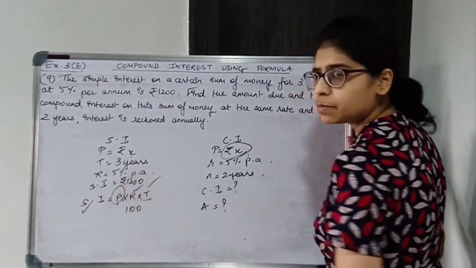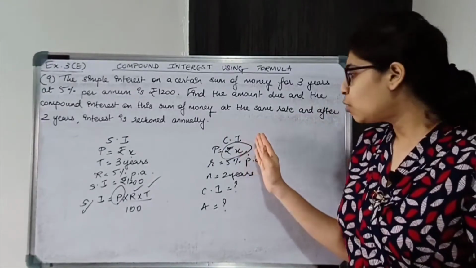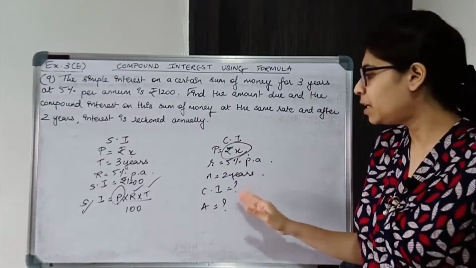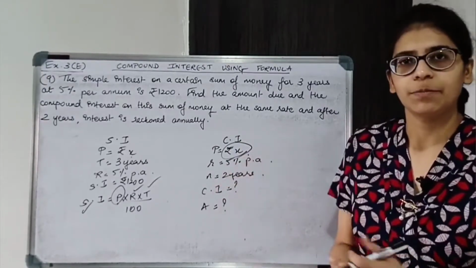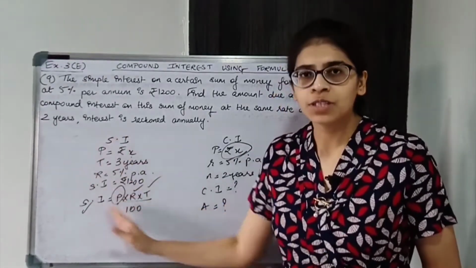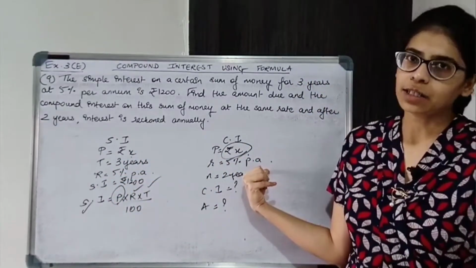Once you get the principal, you just need to substitute that value over here. In this case, we know P, R and N, we can easily find amount and CI. Okay, amount will be P into 1 plus R upon 100 raised to N, and CI will be A minus P. Okay, so it's very easy. First we'll find the principal from this case, and that principal will be helpful in finding amount and compound interest.